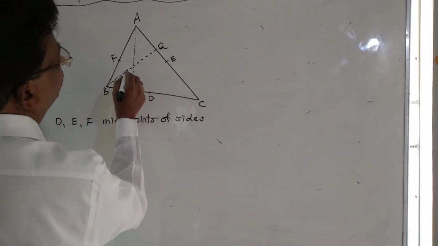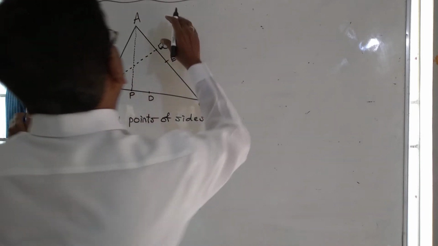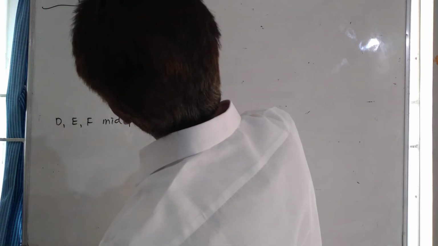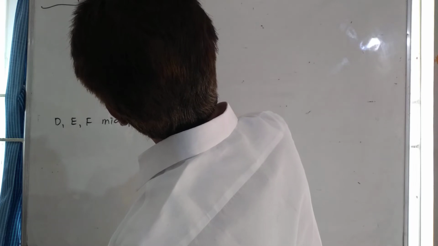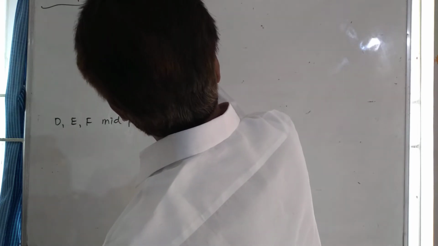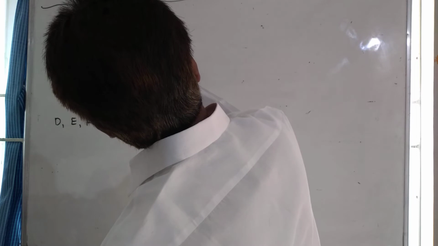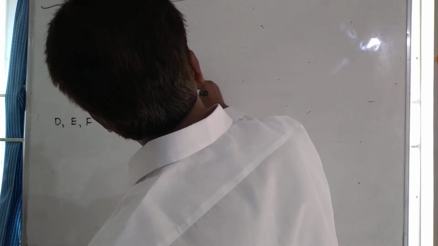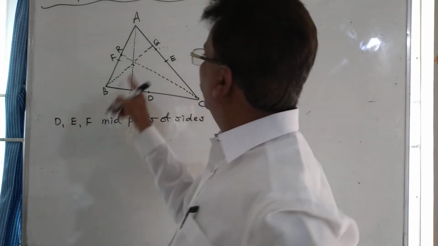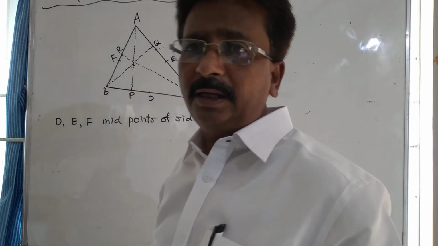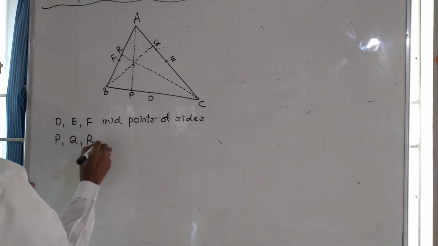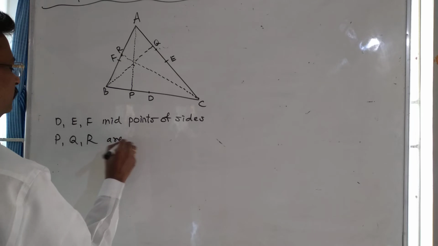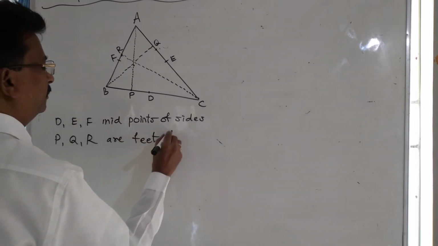Next, R. So P, Q, R are the feet of the altitudes.